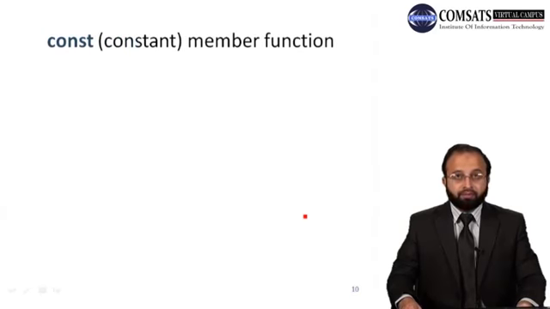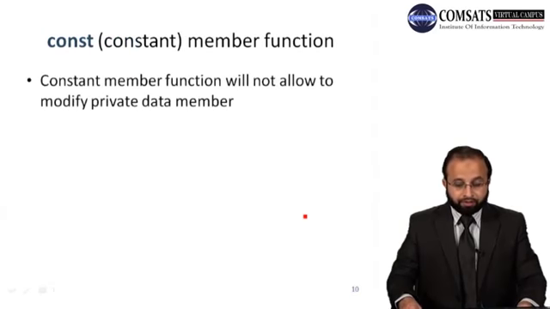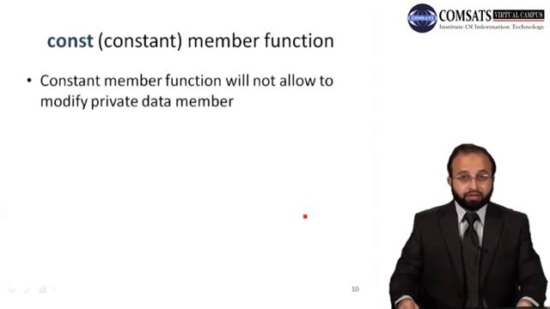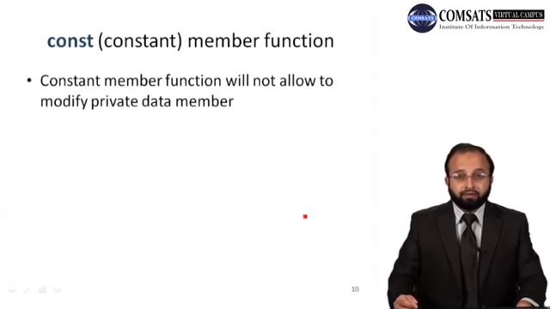Now constant member function. A constant member function will not allow modifying the private data member of the object that calls that function, or the handler object. Basically, the object with which you call the member function is the handler object, and if the function is a constant function, then it is not possible to change the value of the private data member of that object.